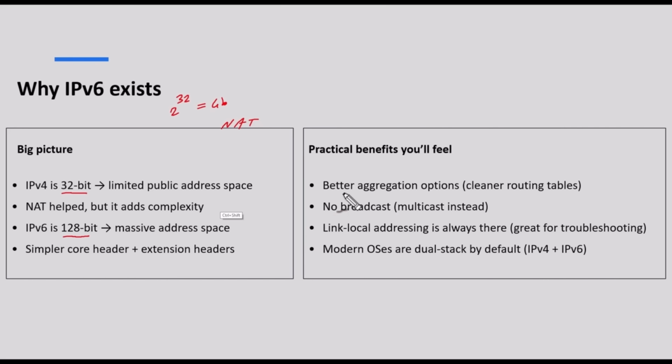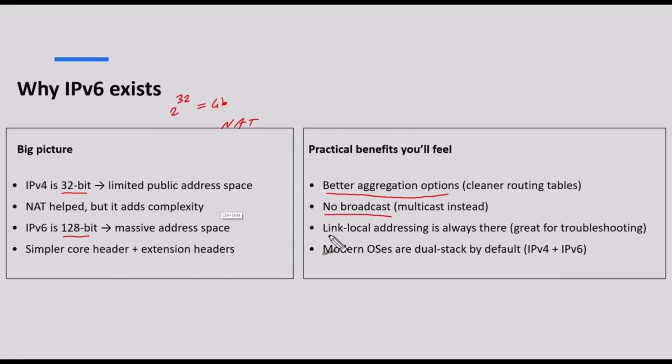Okay, so what do we want to know? We're going to have better aggregation options. We're going to talk about aggregation later, maybe when we talk about summarization, but you should know that aggregation is very huge. We are going to eliminate some of the things that really bother the network, like broadcast. We don't really want to have broadcast anymore. Multicast is going to do it for us.